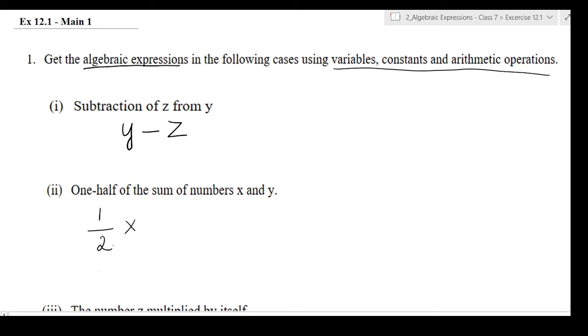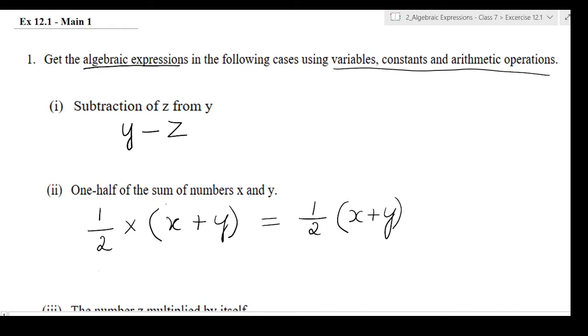So 1/2 of what? The sum of x and y. Sum means plus. So this will be nothing but half into x plus y.